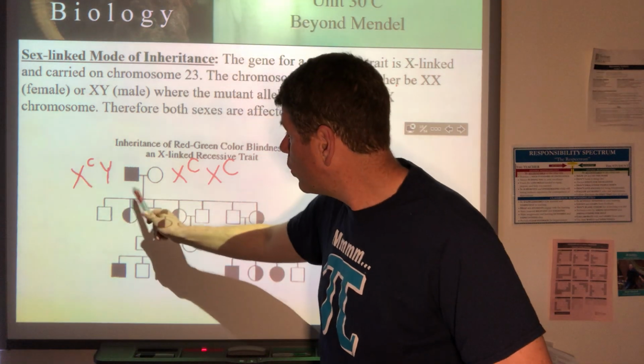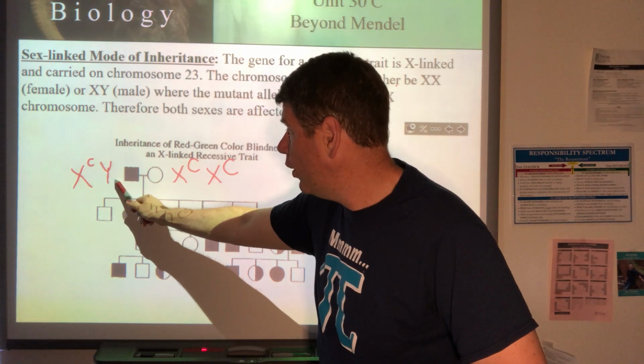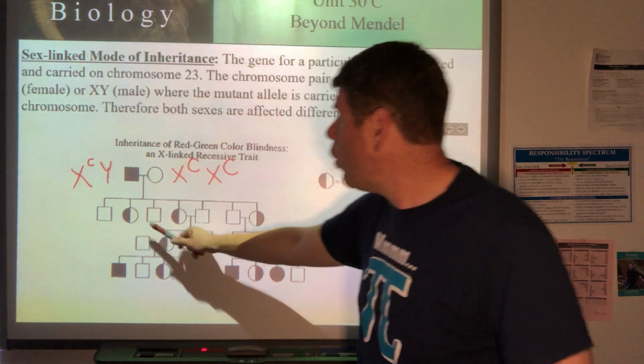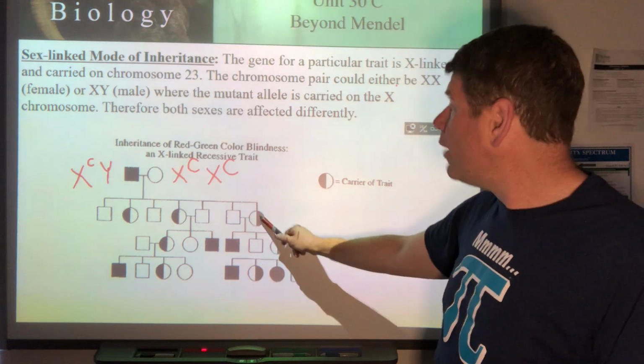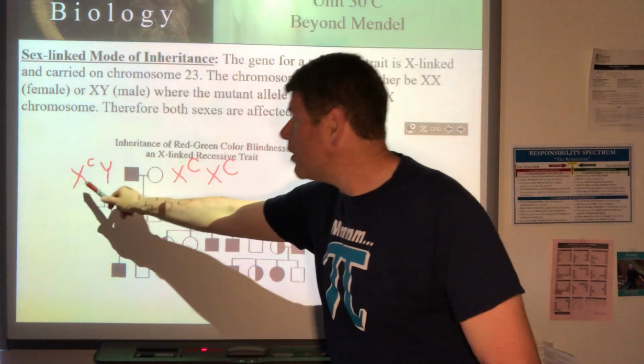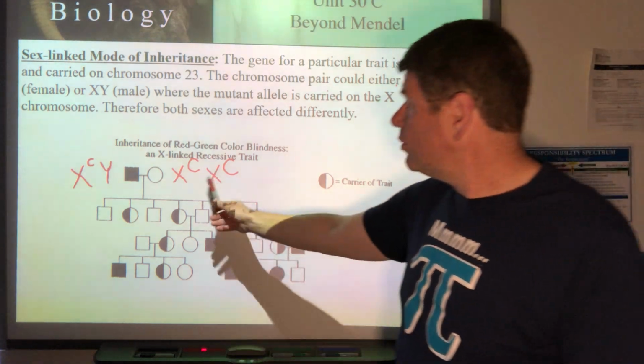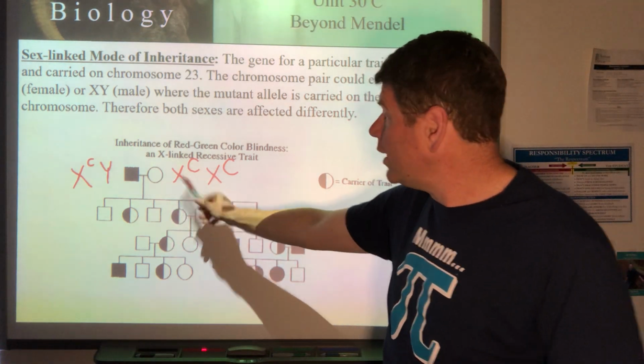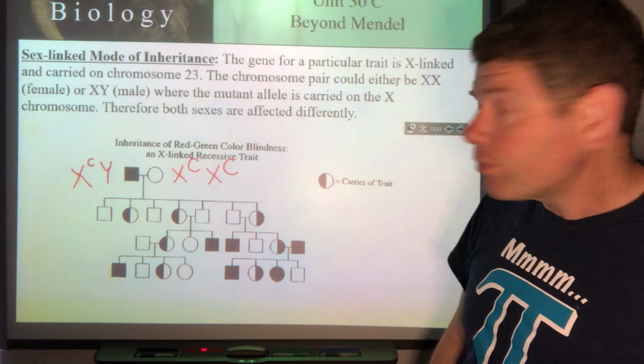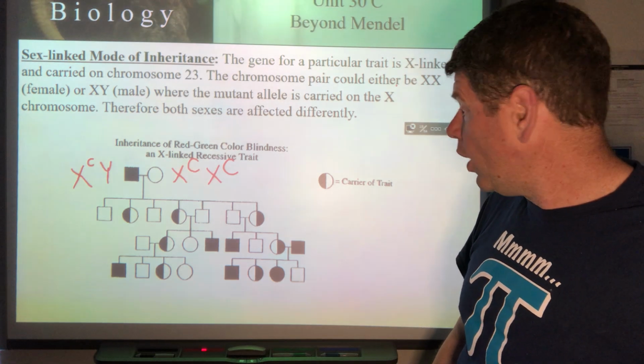Every male receives the Y from the father. So we have no affected sons. But every female is a carrier because they can't help but get the X from dad. And then this female can only give a dominant allele. And so there you go.